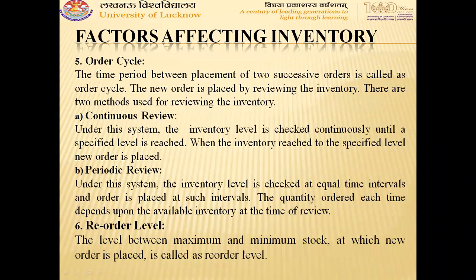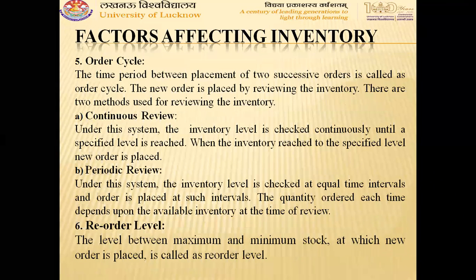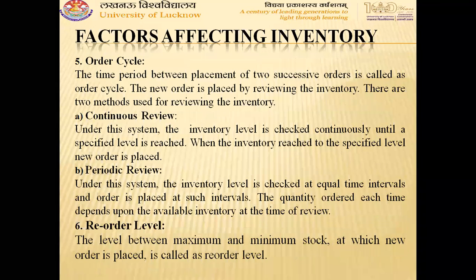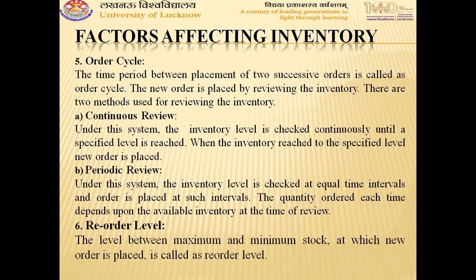Next is order cycle. Order cycle is the time period between placement of two successive orders. The new order is placed by reviewing the inventory. There are two methods for reviewing the inventory. One is called continuous review, the other is called periodic review.